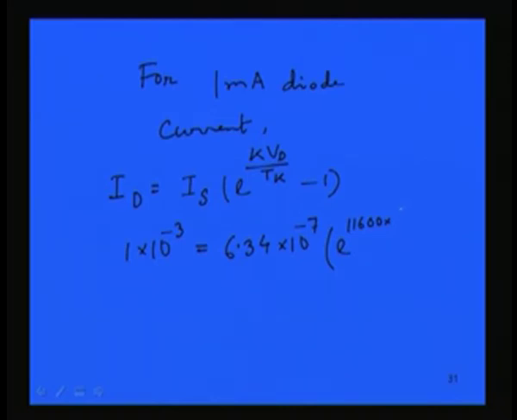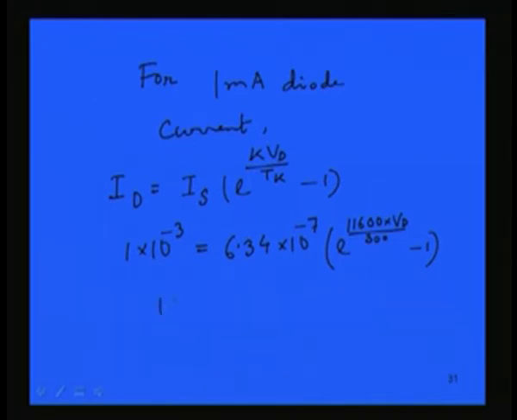In the second part, you have to find out the bias voltage. VD is not given, so VD you have to find out, and Tk is not changing, 300, minus 1. We have to find out the bias voltage that is applied. So, now we have to simplify.